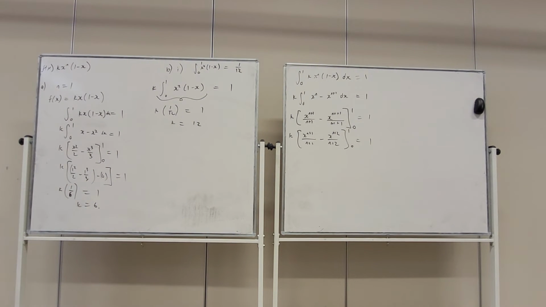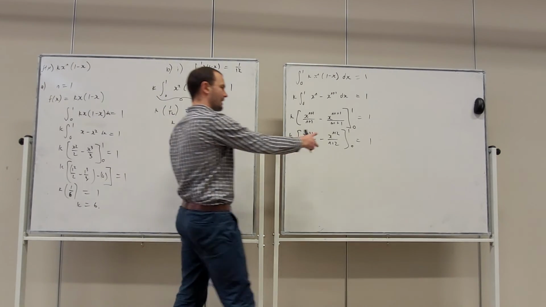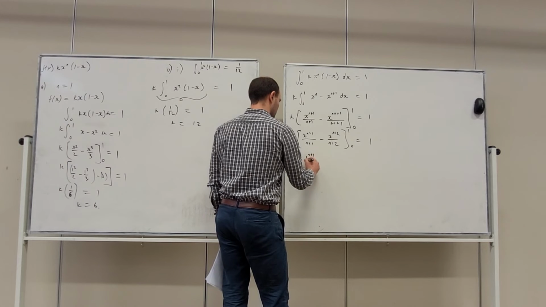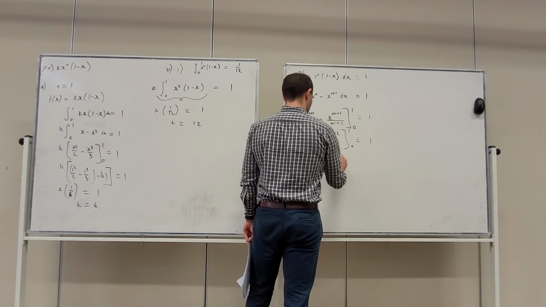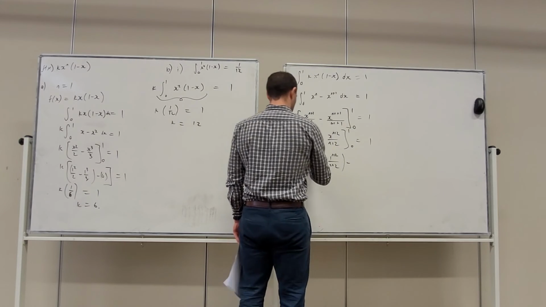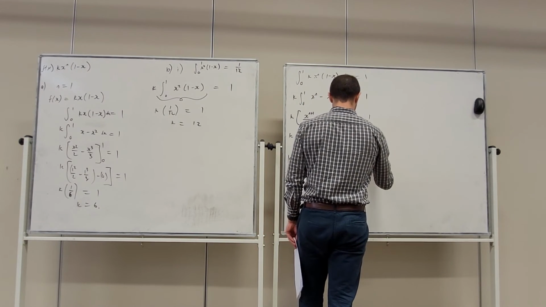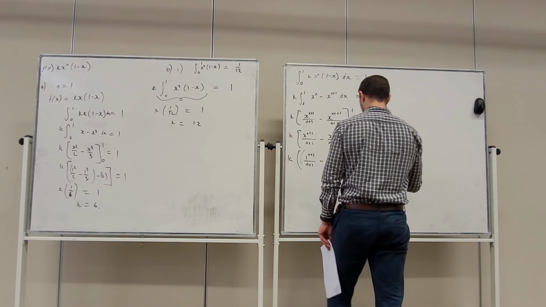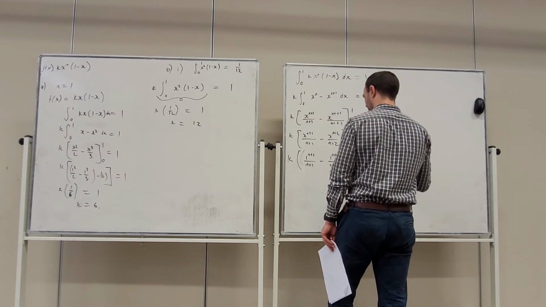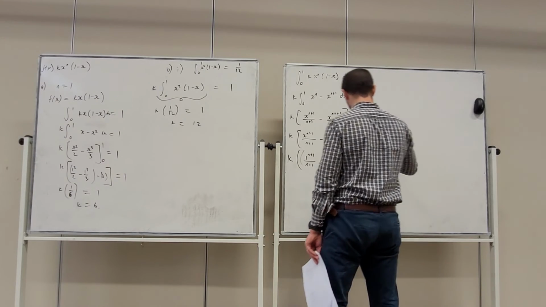In the next step, we'll substitute in the numbers that we have. So this k is hanging out the front. We're going to have 1 to the n plus 1 on n plus 1, take 1 to the n plus 2 on n plus 2.